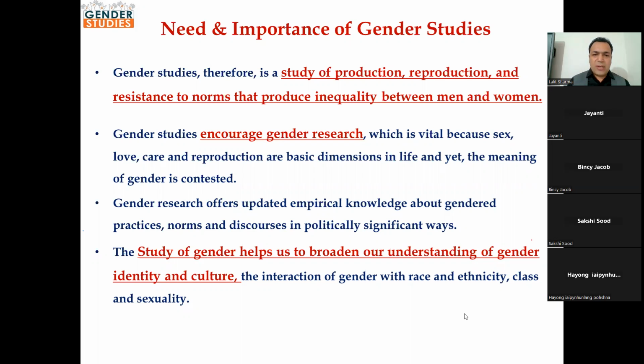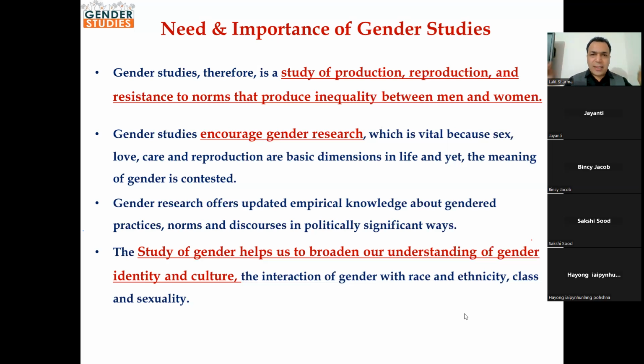Gender research offers updated empirical knowledge about gendered practices, norms, and discourse in politically significant ways. Last, the study of gender helps us to broaden our understanding of gender identity and culture, the interactions of gender with race, ethnicity, class, and sexuality. Right, guys? So I think the concept of gender studies is clear to you.